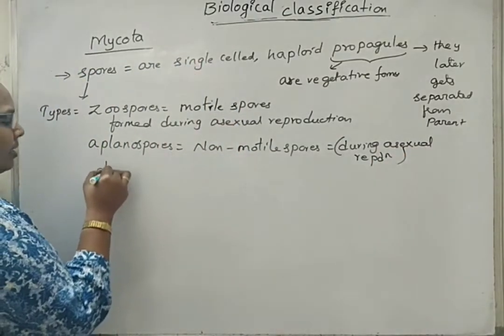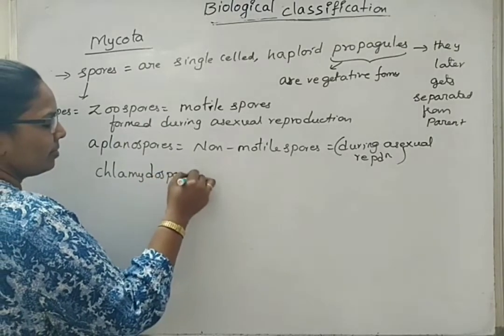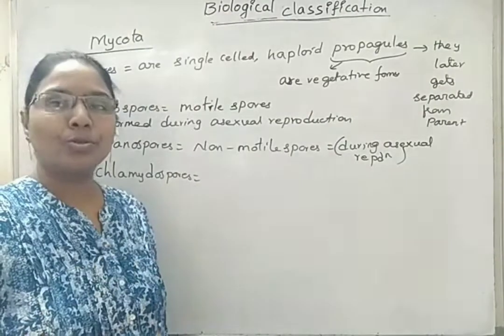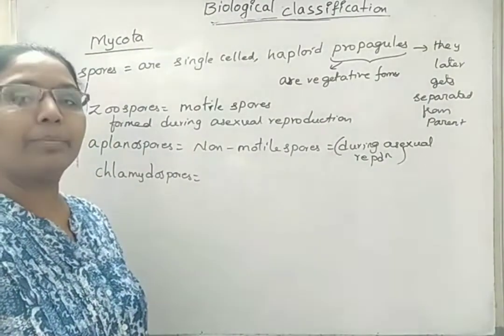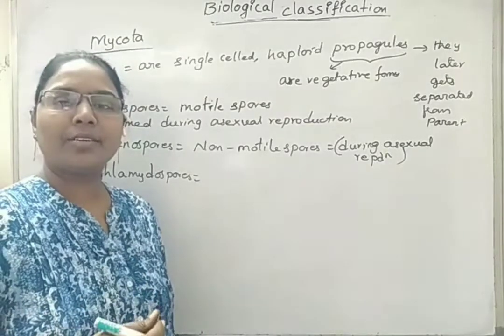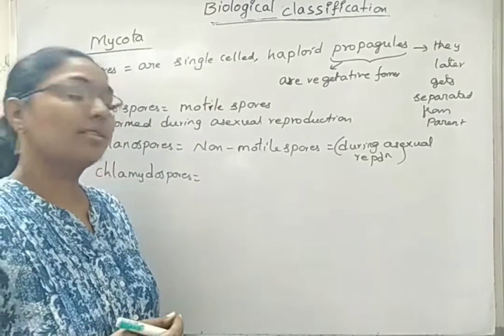Another type of spores are chlamydospores. These are again of zoospore type and also aplanospore type and also echinid forms. Why? Because based on the conditions that are favorable or unfavorable, the type of spores in the case of Chlamydomonas differs.